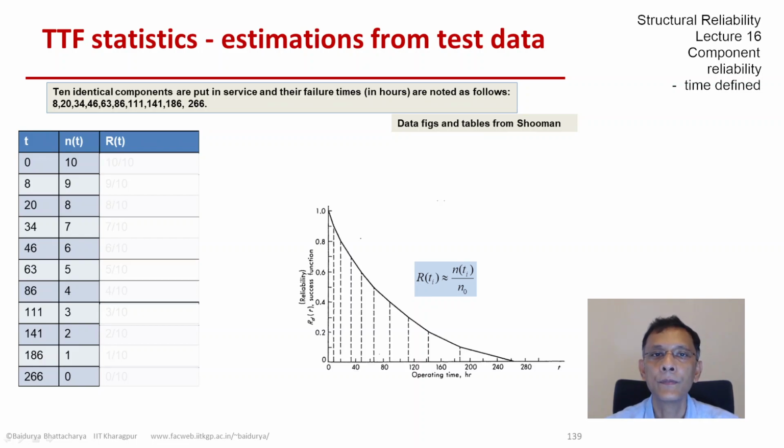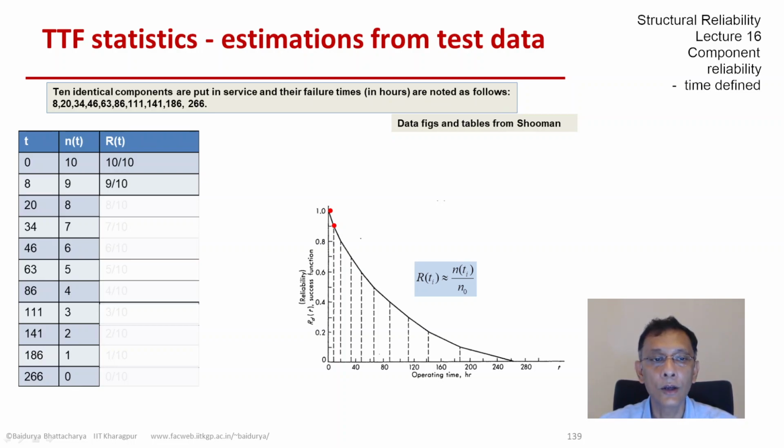This is the graph reproduced from Shooman's book, and let's make sure that we can reproduce it from the data. So the first one is at time 0, reliability is 1, so it's 10 surviving over 10 original, and then the next one is 9 over 10, and so on. So there is no surprise there.